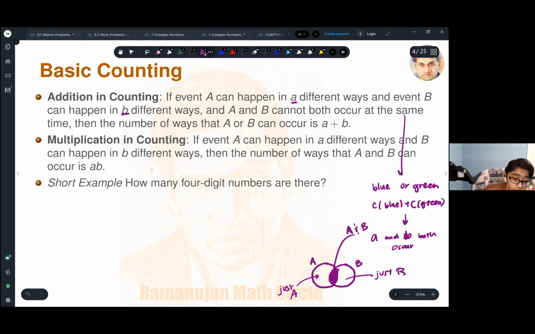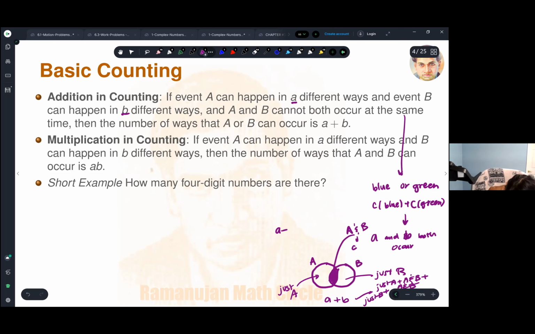So in order to find the total possibilities, if you do just A plus B, because A can happen in A different ways and B can happen in B different ways, and I'm going to say A and B can occur in C different ways, then A plus B is equivalent to just A plus the A and B area, plus just B plus A and B. But that's counting A and B twice, so you'd subtract the middle part because you're double counting it.